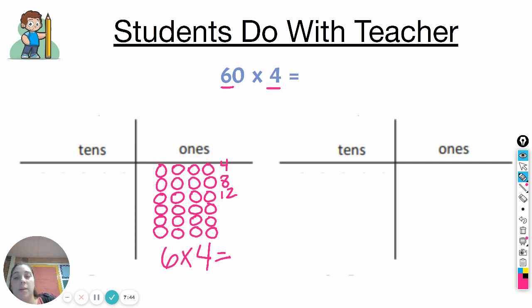If we continue our skip count, 4, 8, 12, 16, 20, 24. So you should have figured out that 6 times 4 equals 24.